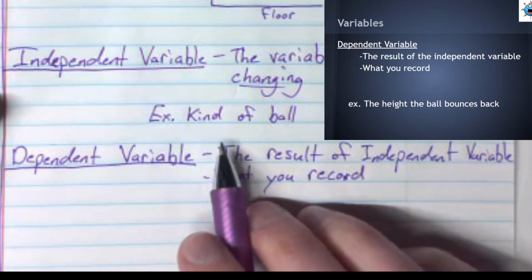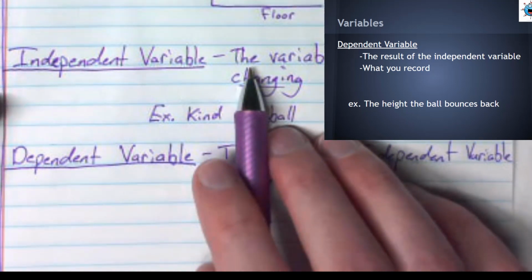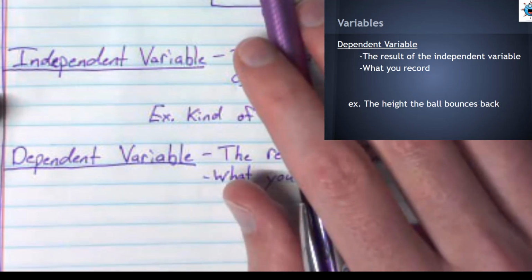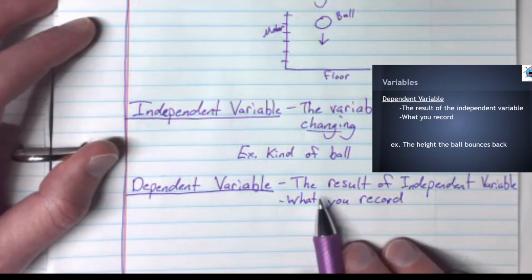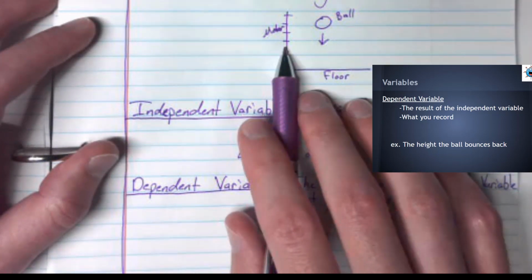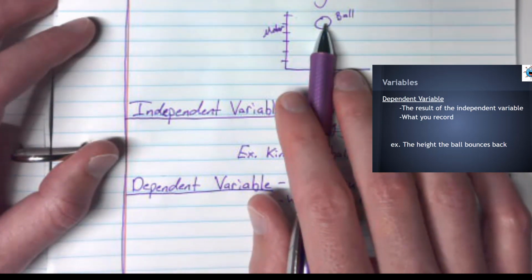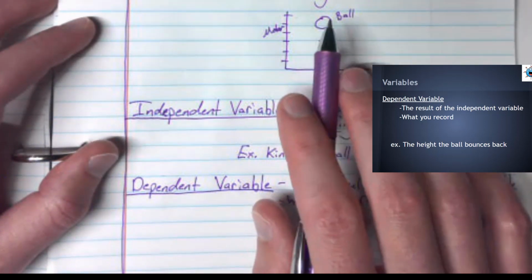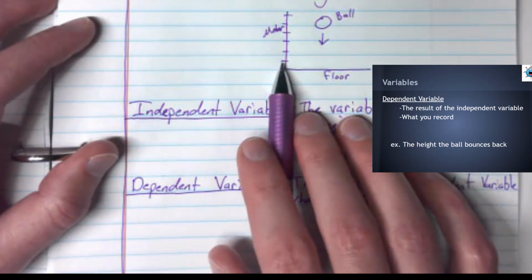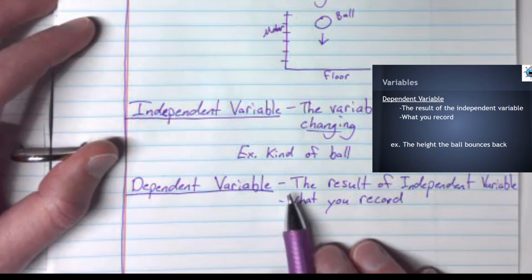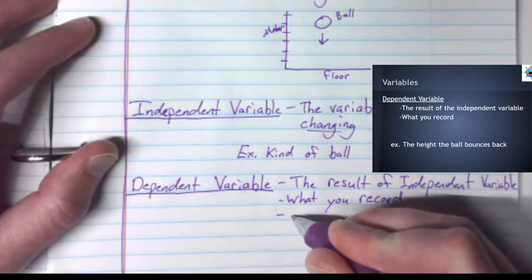So, for example, up here, I have changed the ball, and let's say I go from a bowling ball to a golf ball. Well, my result is how high it goes. So the independent variable is the ball. So a tennis ball, golf ball, baseball, bowling ball, whatever. The dependent variable is how high it goes because that's what I'm measuring, right? It's what you measure.